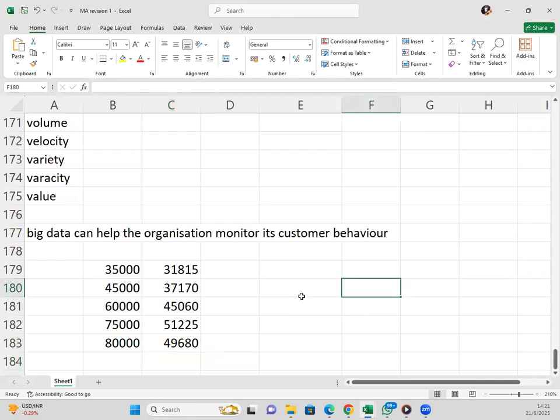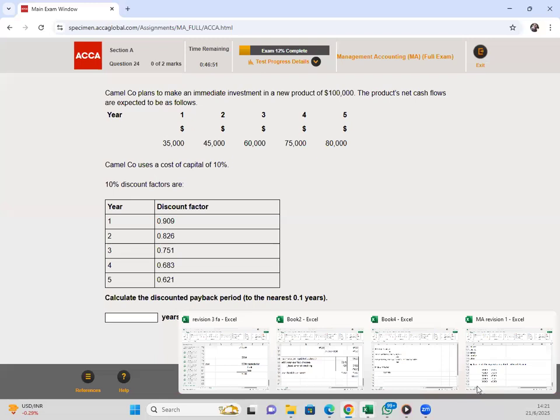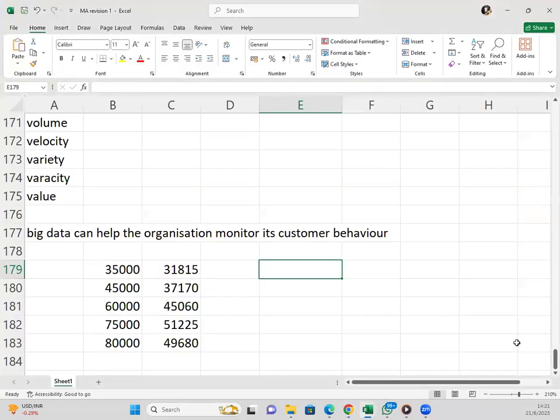So for the payback, we are saying how long does it take before we recover our investment? Investment is 100,000. So how long do we take before recovering the 100,000? So it's minus 100,000.